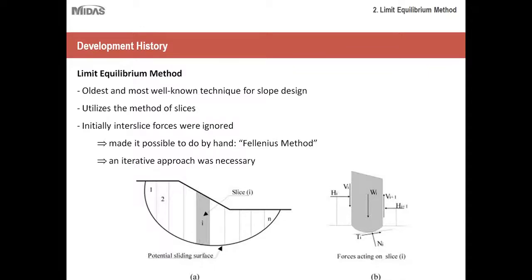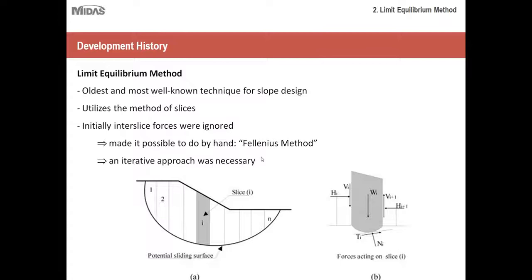So when this method first came out, you had to create your arc failure surface, and then calculate the forces for each of your individual slices, and then you get your factor of safety. But you'd have to create a number of arc failure surfaces, because you didn't know whether or not you had your minimum factor of safety until you tried several iterations.